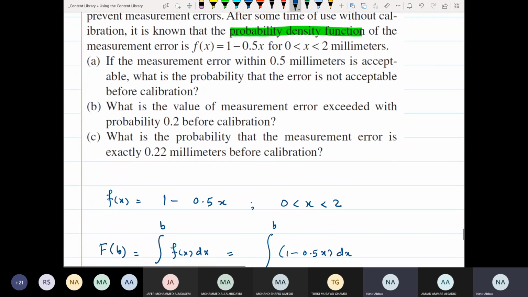Now let's go back and look at question part B. What is the value of measurement error exceeded with probability 0.2 before calibration? Who can tell me what is required in part B? This is a very complicated question.